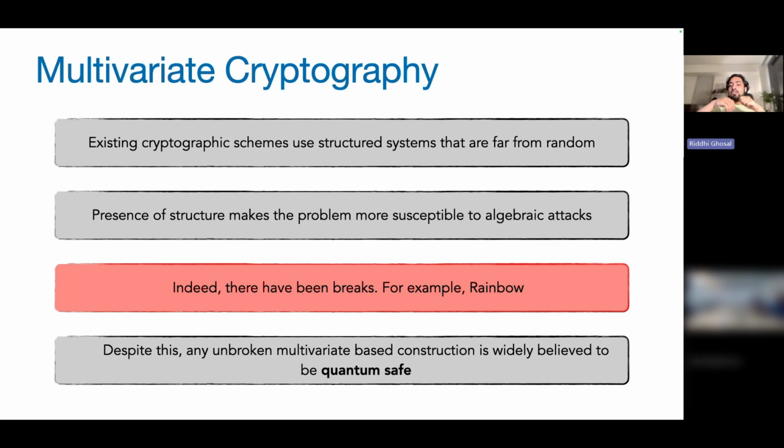So in that sense, there is no quantum-classical gap in, let's say, a system of polynomials, is what is widely believed in the community.